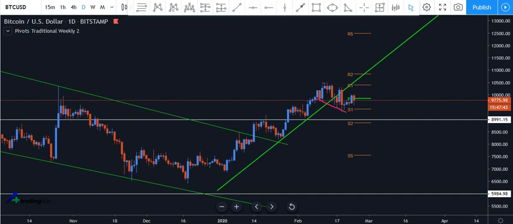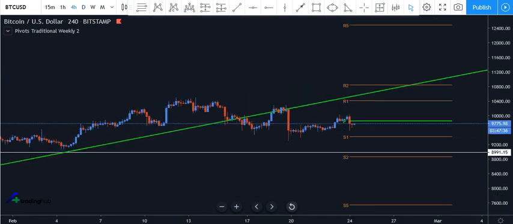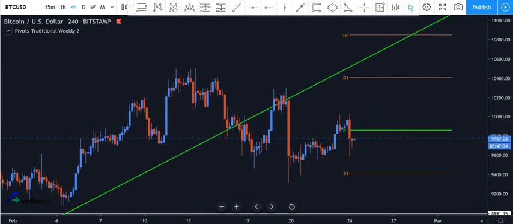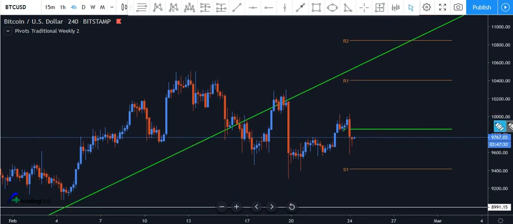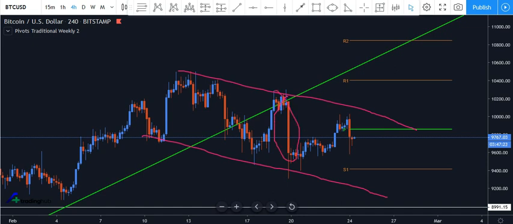This is a bigger correction. Okay, let me use the 4-hour for you to see that clearly. This is the 4-hour time frame. So this is more like a bullish flag. Price did this impulse, now correcting, so I expect one more drop. I look out for price rejection from here before I buy.